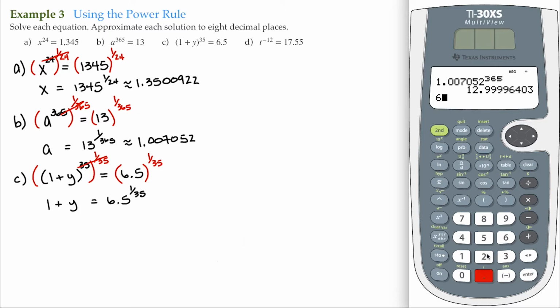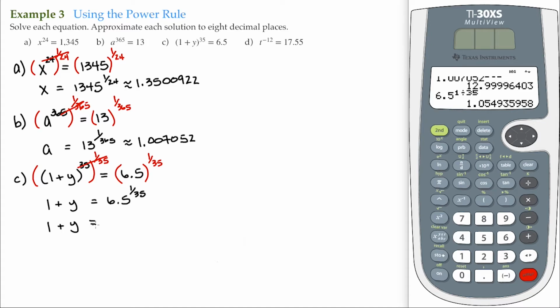So I take 6.5 and raise that to the 1/35th power. This is 1 plus y, and that's going to be equal to 1.05493596. However, I want to know what y is, so I'm going to subtract 1 from either side.